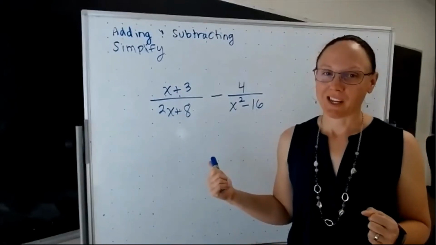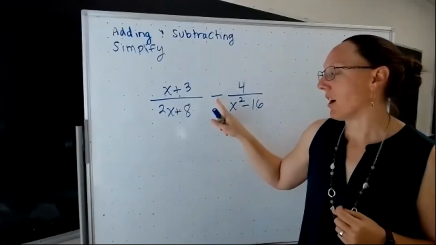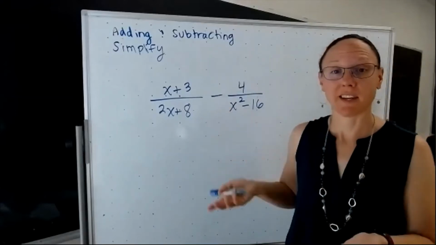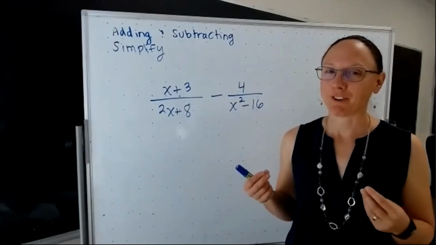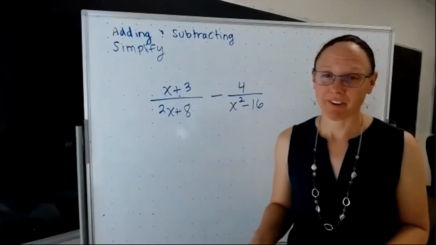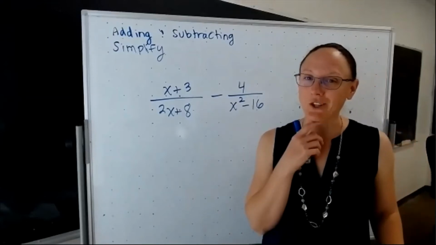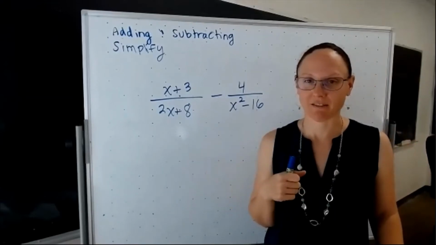My starting point here, I know that I've got either addition or subtraction, in this case, subtraction of 2 rational expressions, which means that my first step has to be to find a common denominator. And before we can do that, we're hoping to get things factored.